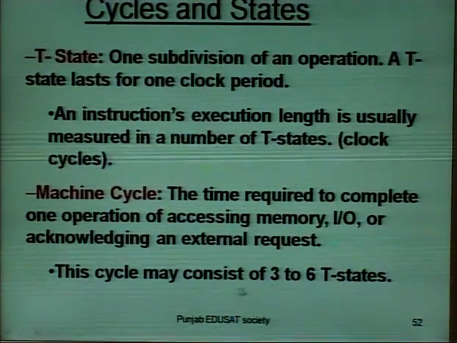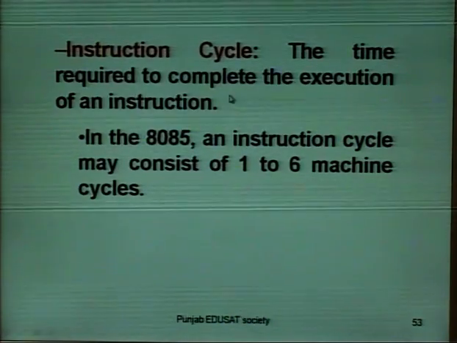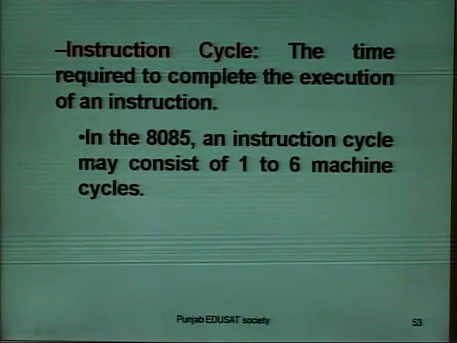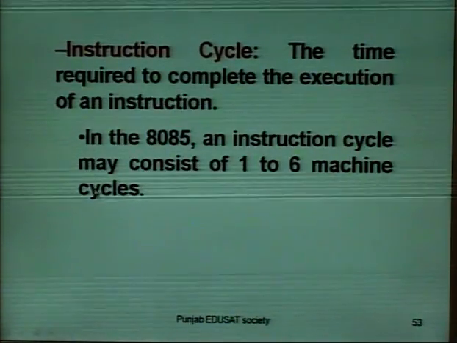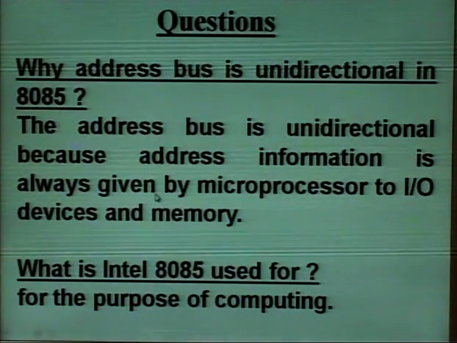This cycle may consist of 3 to 6 T states. Then instruction cycle, the time required to complete the execution of an instruction. In 8085, an instruction cycle may consist of 1 to 6 machine cycles.